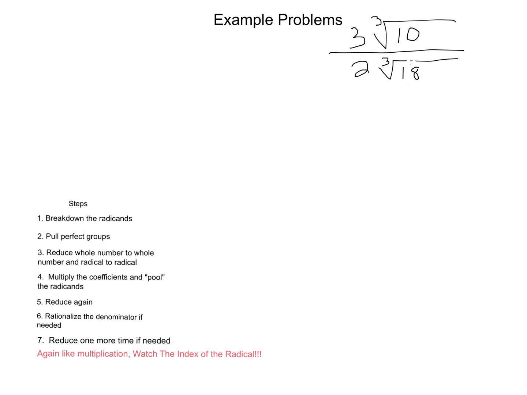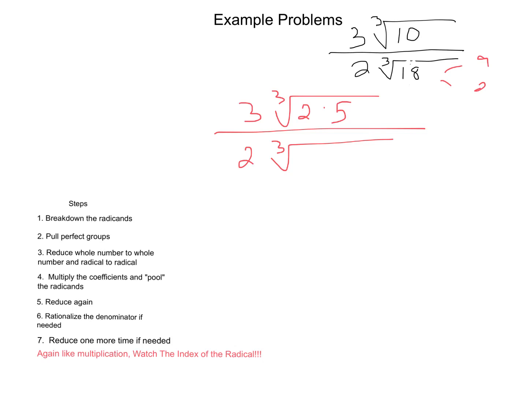So 3 cube root, and 10 is 2 times 5, over 2 cube root. Now 18 is 9 and 2. 9 is 3 and 3. Should do the smaller numbers first. Let me fix that. So we do 2 times 3 times 3.